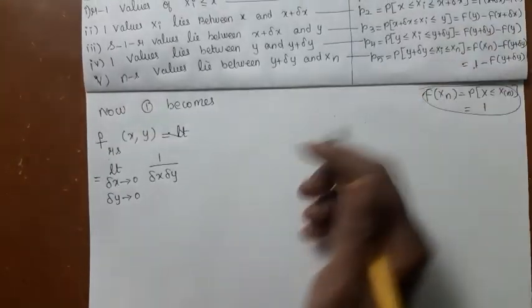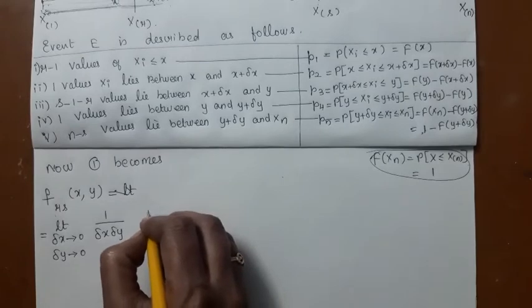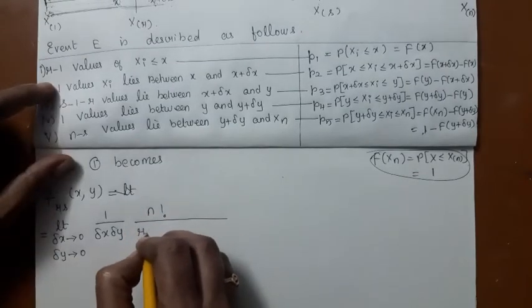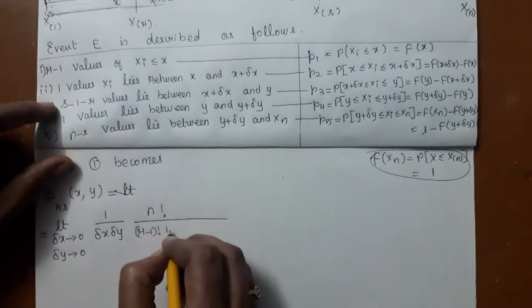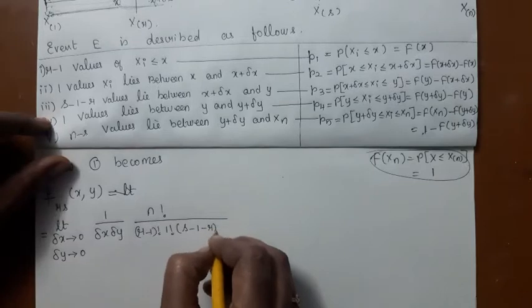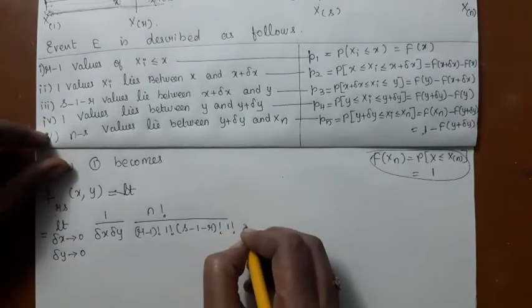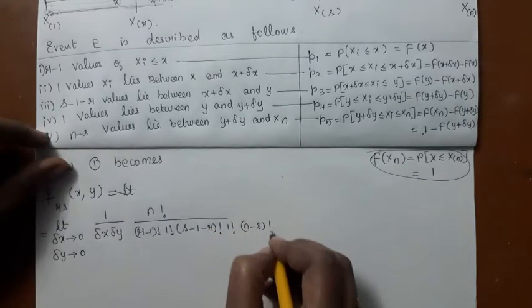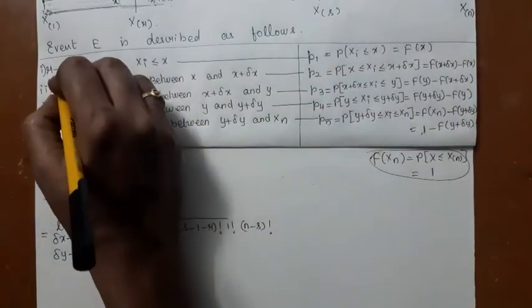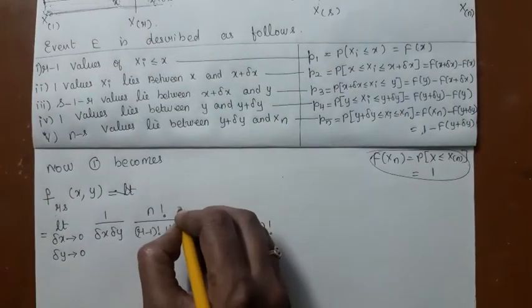Now probability of E will become, I know the probability function of a multinomial distribution, n factorial by (r minus 1) factorial into 1 factorial into (s minus 1 minus r) factorial into 1 factorial into (n minus s) factorial, into this power the number of occurrences, right?